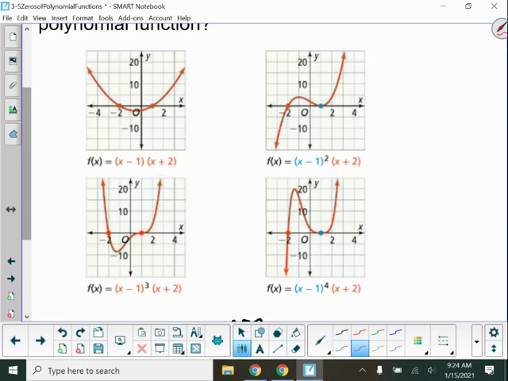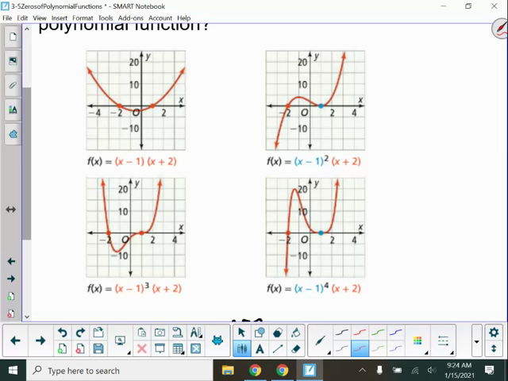Do you see how the graph just comes down and touches the x-axis and then goes back up? Then on the bottom left, that zero of 1 appears 3 times. Notice how it actually crosses through at 1. And then in the bottom right, the 1 occurs 4 times because it's to the 4th power.